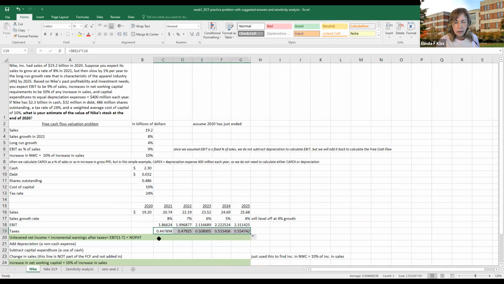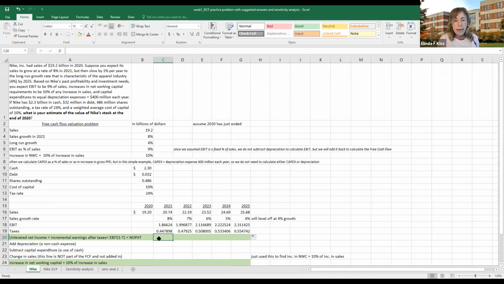Then my unlevered net income, or my NOPAT, is my incremental earnings after taxes. Notice I am not getting taxes based on earnings before taxes, and that is because with our free cash flow analysis, our DCF, we're trying to value the whole free cash flows that go to all the stakeholders, the debt holders, as well as the shareholders.